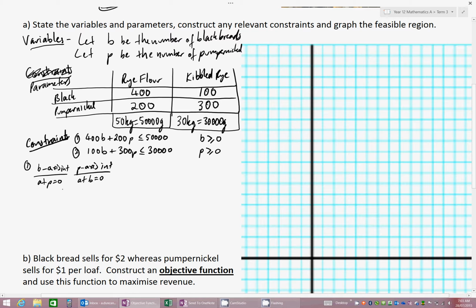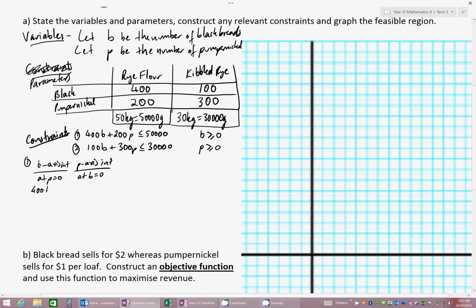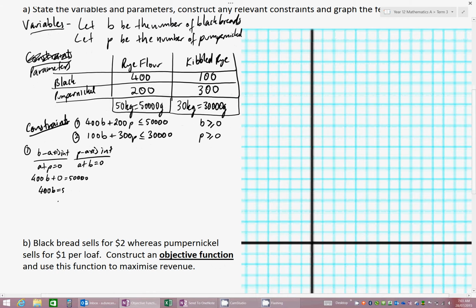Should be pretty good at this by now. So I'm subbing p equals 0 into this top equation, imagining that there's an equal sign there. So 400b plus 0 is 50,000. Okay, 50,000 divided by 400. So 125 for my b-axis intercept.